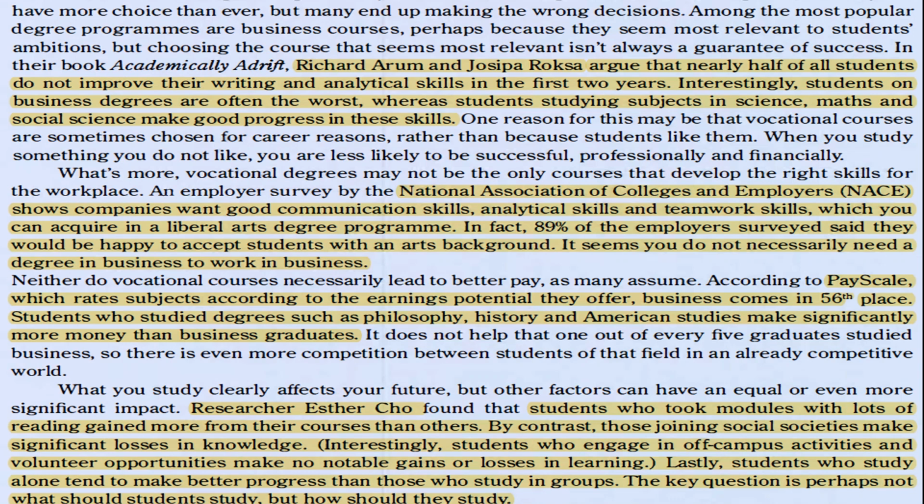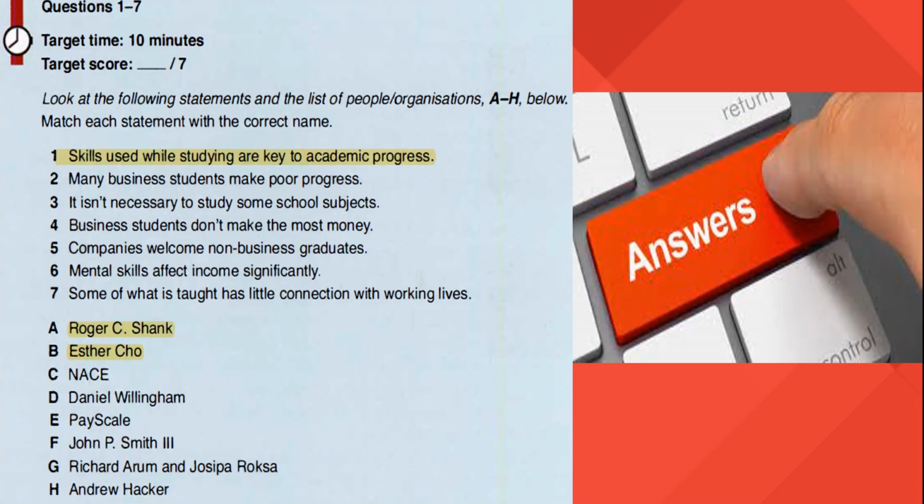So, according to PayScale, which rates subjects according to the earnings potential they offer, business comes in 56th place. Students who study degrees such as philosophy, history, and American studies make significantly more money than business graduates. Let's go forward.